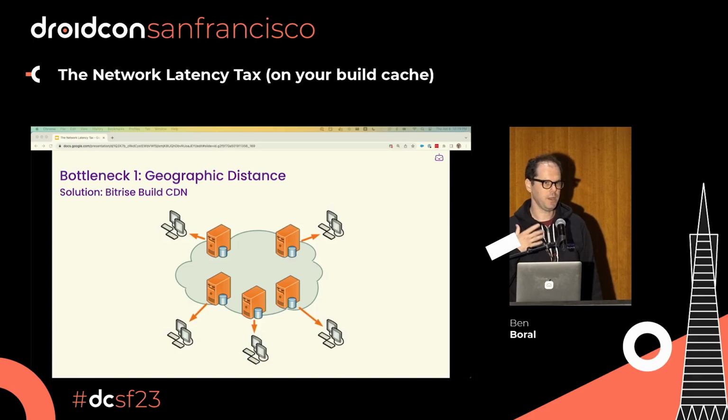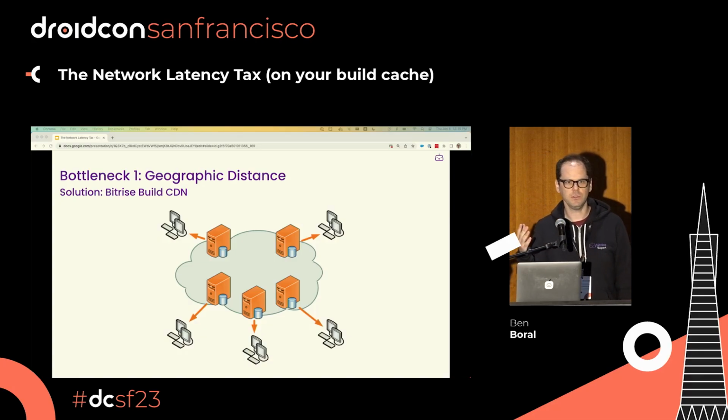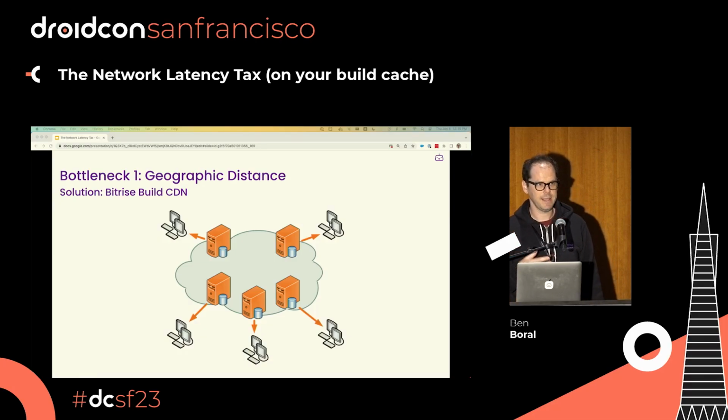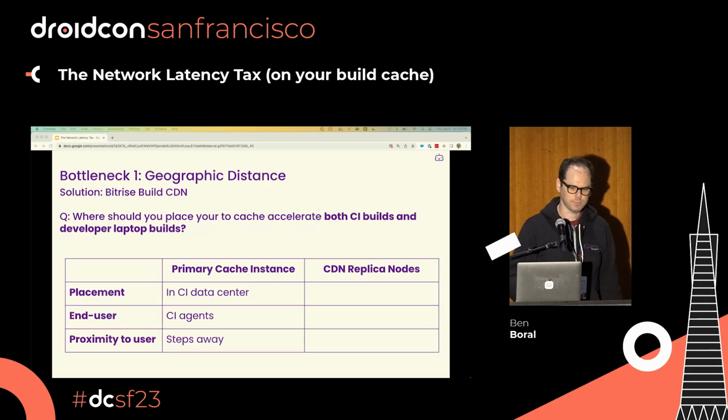But at Bitrise, we're doing this as a hosted service, so it's multi-tenant, and that brings network effects. Because everybody is using this CDN, it makes the cost for everybody come down, and it's actually feasible to have a CDN. In a little more detail, what are we doing?